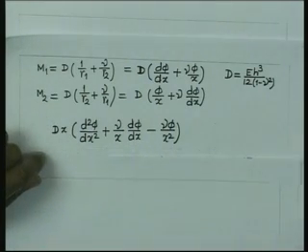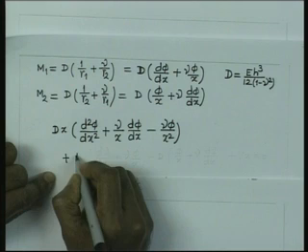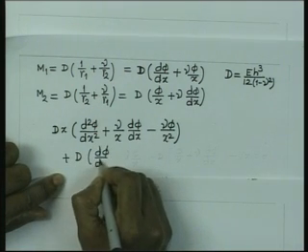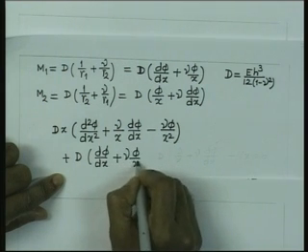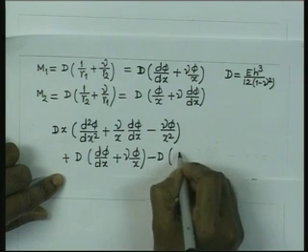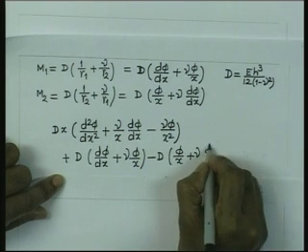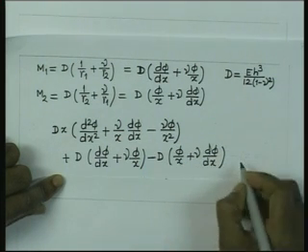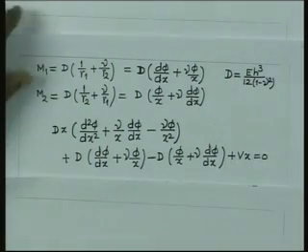Then we had m1 minus m2. So, therefore, we will have plus D times d phi dx plus nu phi by x minus m2, which is again D times phi by x plus nu times d phi dx plus Vx is equal to 0.